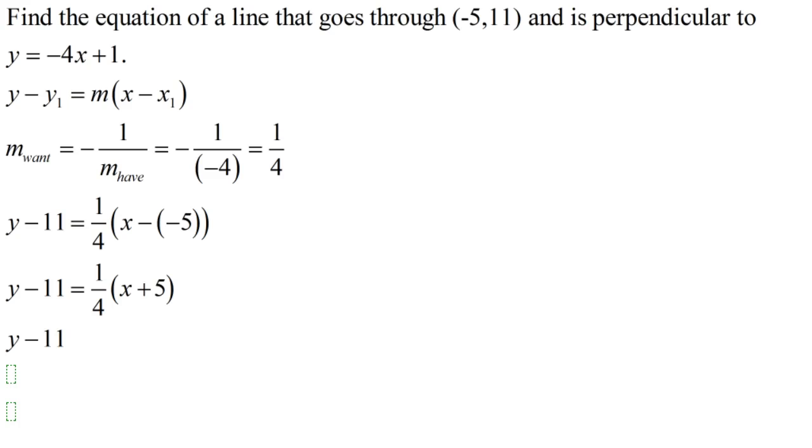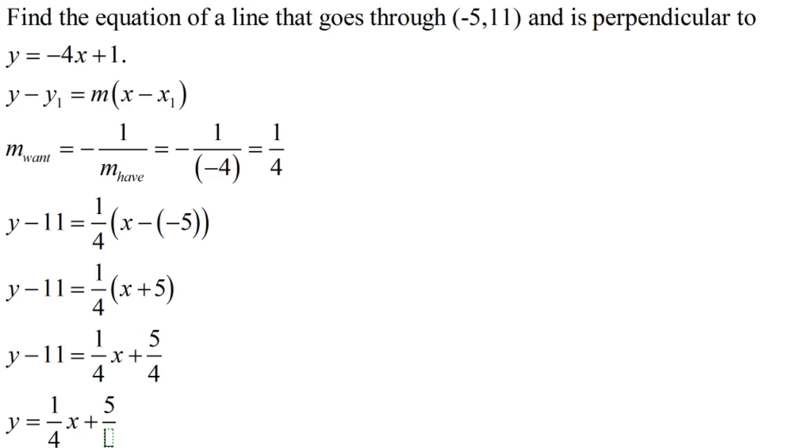Then y minus 11 equals 1/4 x plus 5/4. And the remaining steps are quite simply isolating y, which is almost ready. We just have to move that -11 to the other side of the equation, but this time positive.